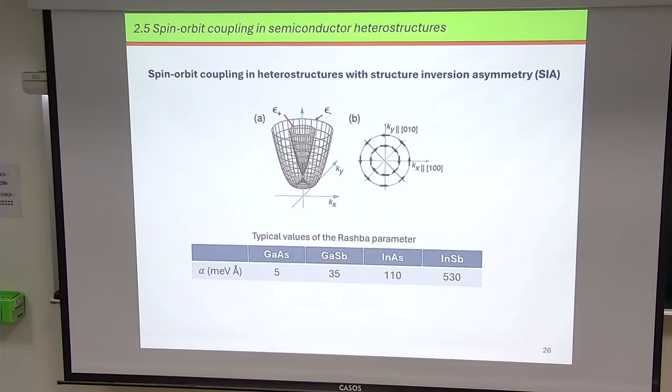If you look at this Fermi contour, where I cross the energy dispersion at the Fermi energy, you get these contours here. These arrows show the direction of the spin for each k direction. So in one band the spin is going that way, and in the other band the spin is going the other way around.